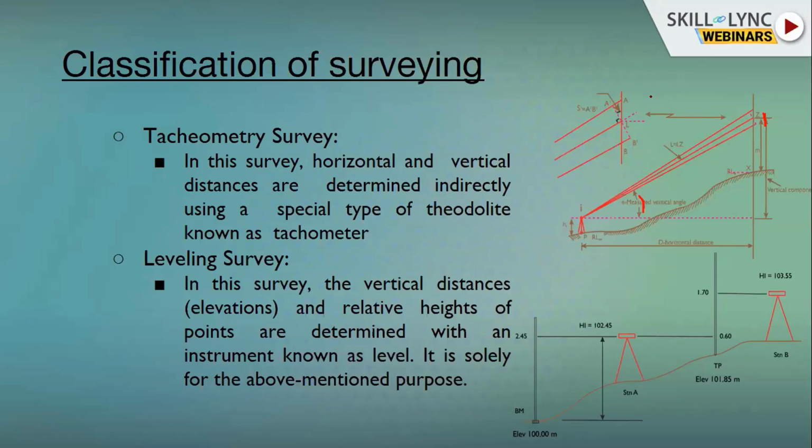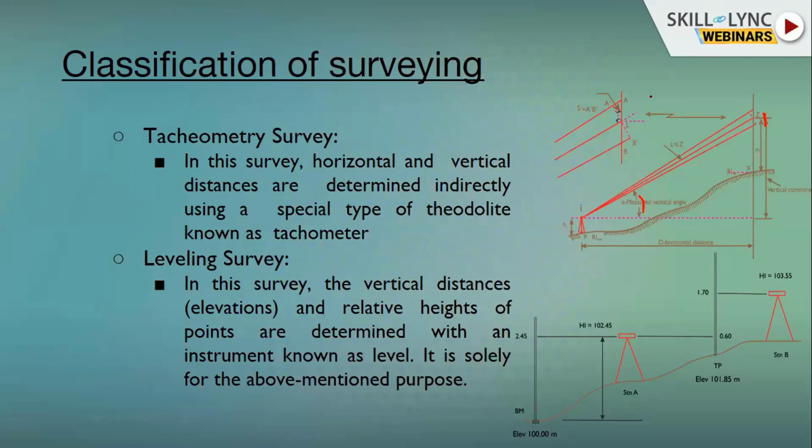So Ks plus C you are going to have, where K and C are nothing but the instrument constants. And in theodolite or tachometry, you are going to have the temporary adjustments and the permanent adjustments, which you have to take care of whenever you are going to do it.